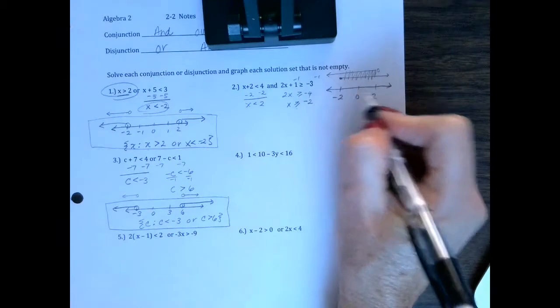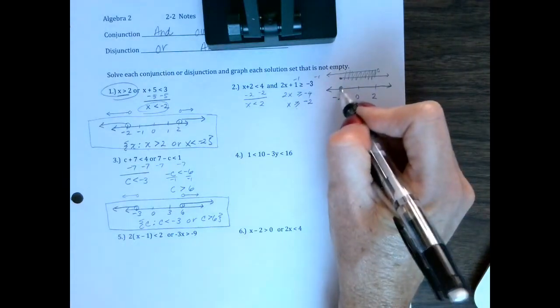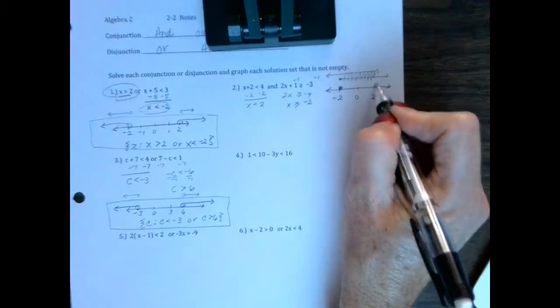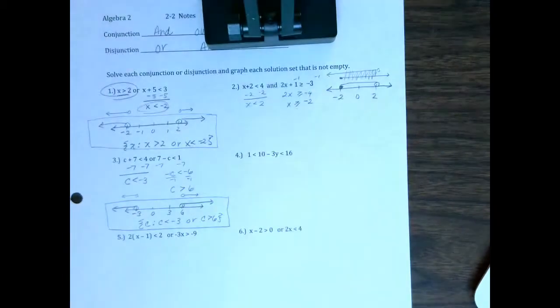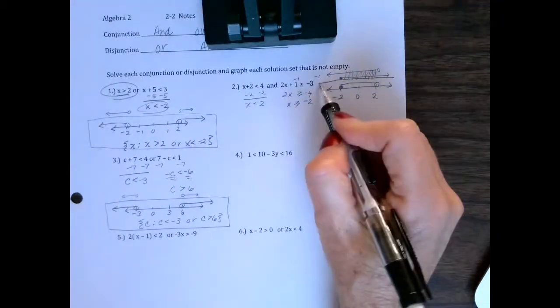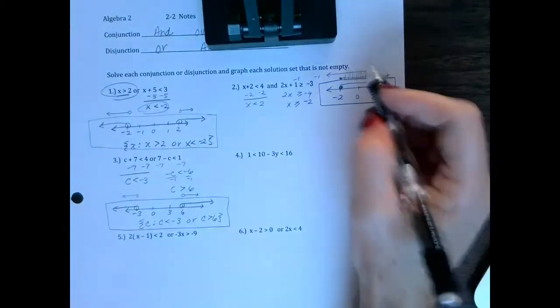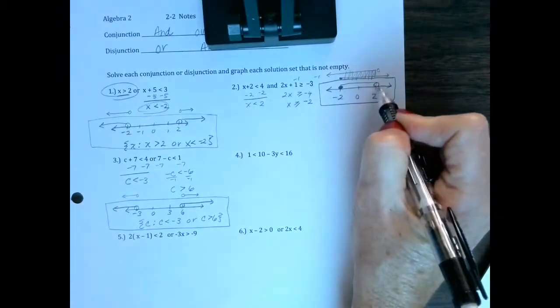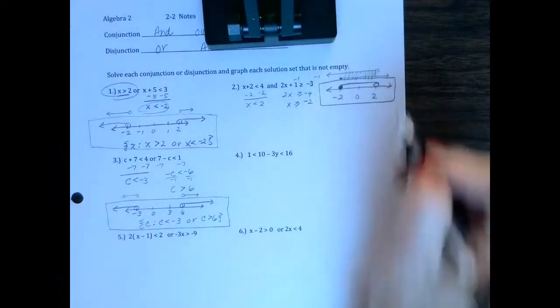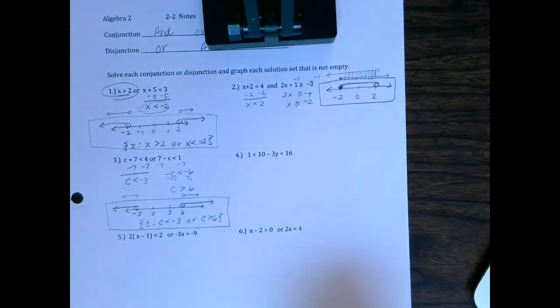When I come down and put this on my graph, I just have that piece of the graph where they overlap. This is the only thing that's going to get put on my graph. Okay, I have a solid dot on negative 2, a hollow dot on positive 2, and the line that connects them. That's the only thing that goes on our graph.